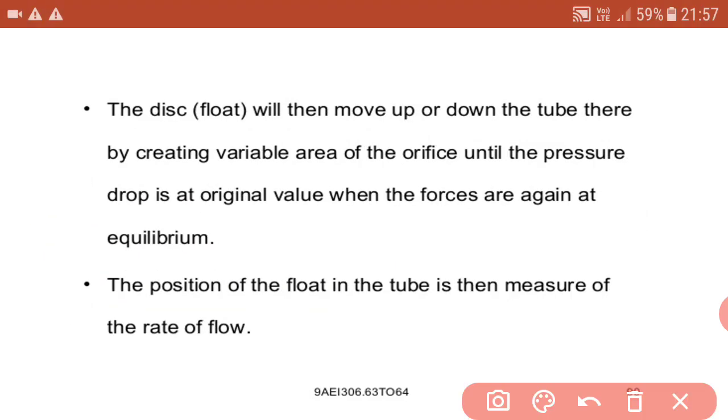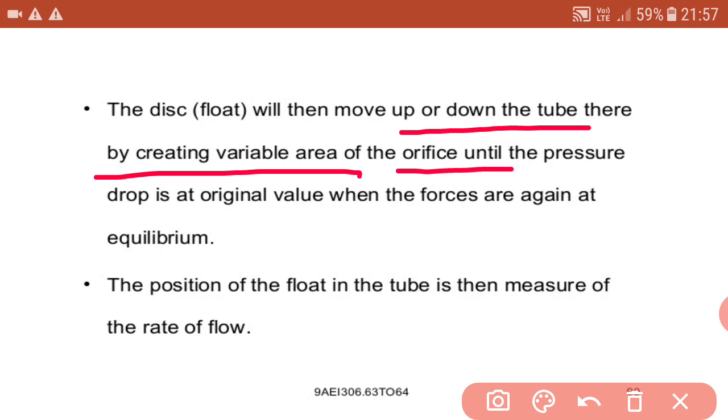The disc will then move up or down the tube, creating a variable area of the orifice, until the pressure drop is at its original value and the forces are again at equilibrium. So the equilibrium position is well defined.